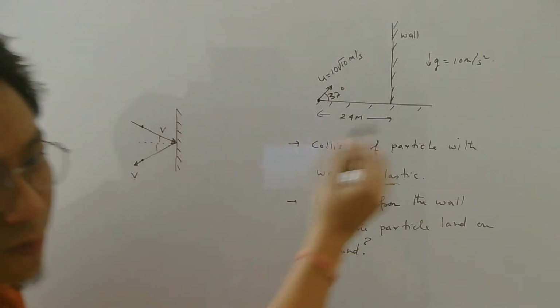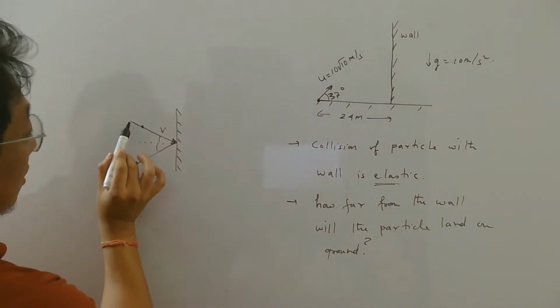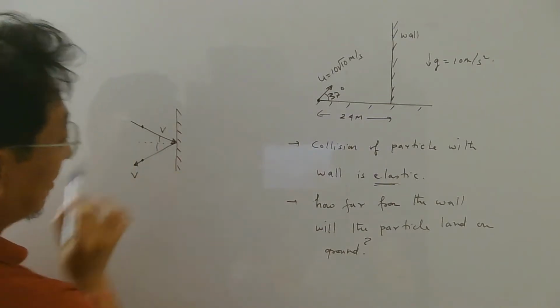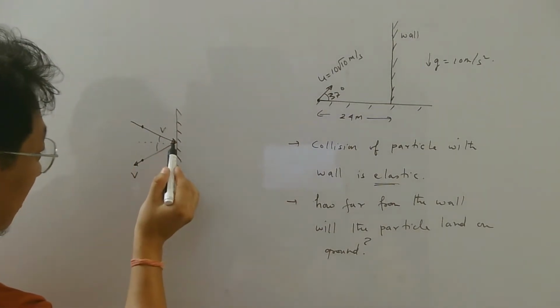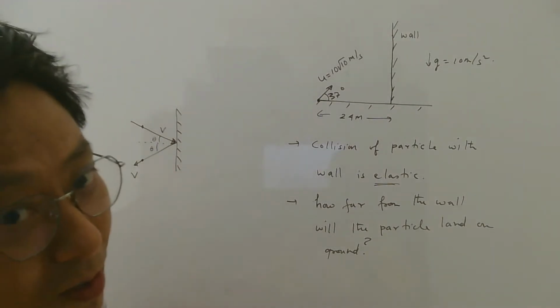And in such problems, the wall's mass is considered to be infinite. So the speed with which the particle hits the wall, with the same speed it will rebound at the same angle. That is the meaning of elastic collision.